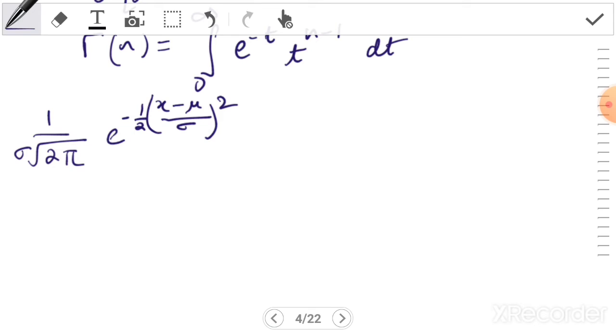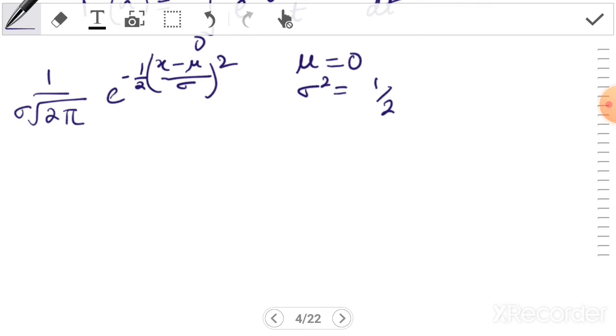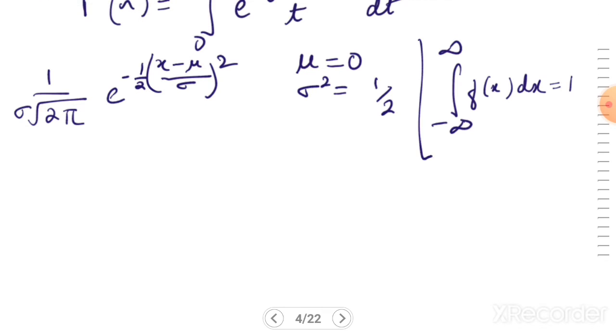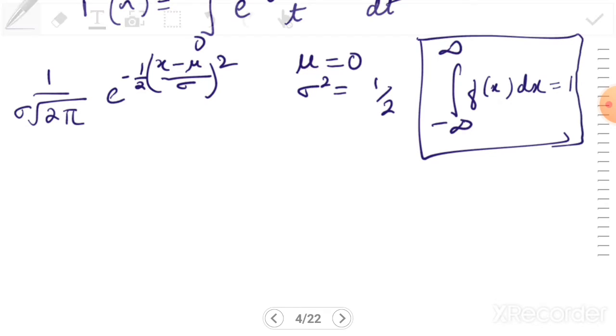Okay, so if you put mu, the mean, as equal to 0 and sigma, the standard deviation, such that sigma square is 1 by 2, and we know that if you integrate a probability distribution function from minus infinity to plus infinity, you will get the answer as 1, right?